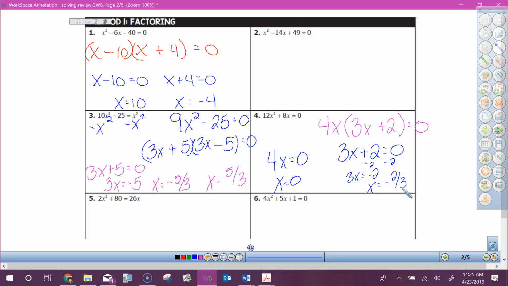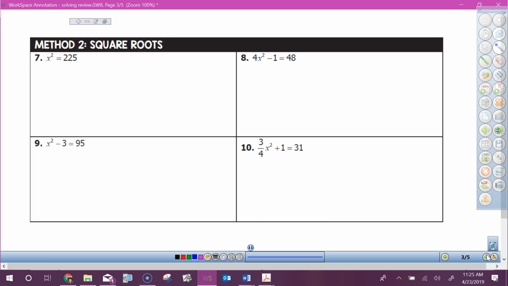Okay. Then we learn how to do these by square roots. And the only time that you can solve these by taking the square roots is if there's no bx, if there's no middle term, no b. So the first thing that you have to do is get x squared all by itself.